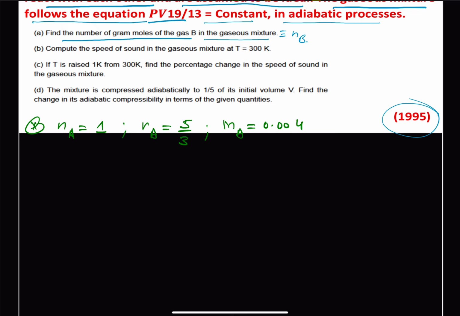And our N_B, let us suppose it is denoted by X, and for the second gas, the number of moles N_B is given as X, and gamma B is given to us as 7/5, and its molar mass is given to us as 32, so we can say 0.032 kg, and it follows an adiabatic process.